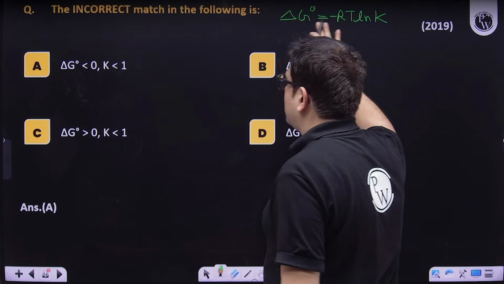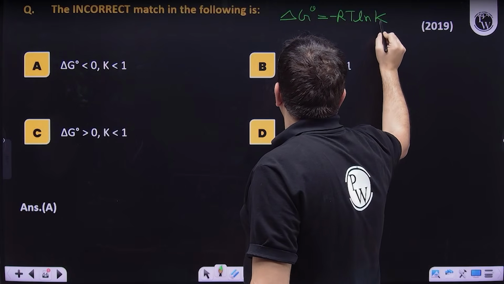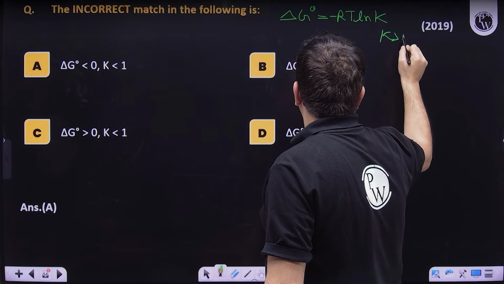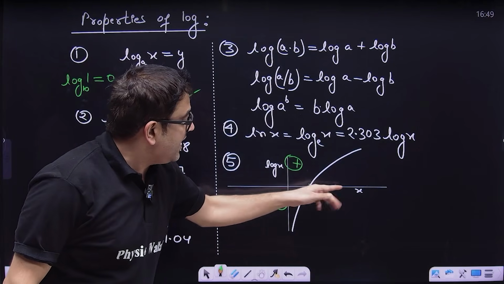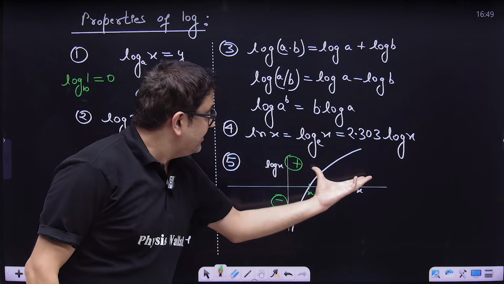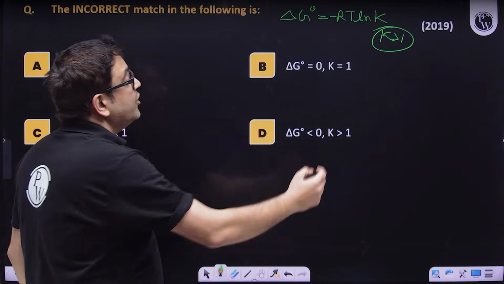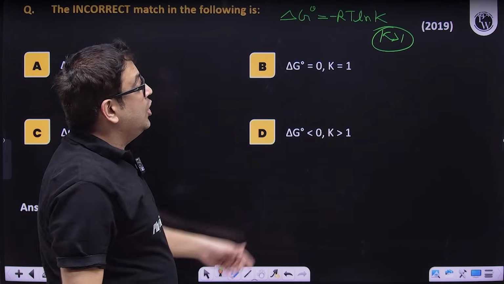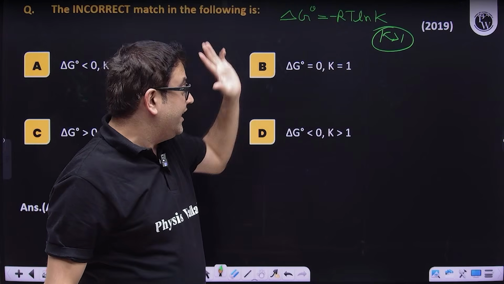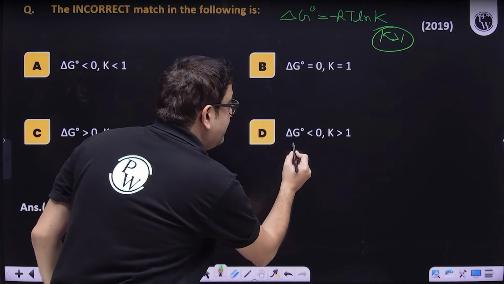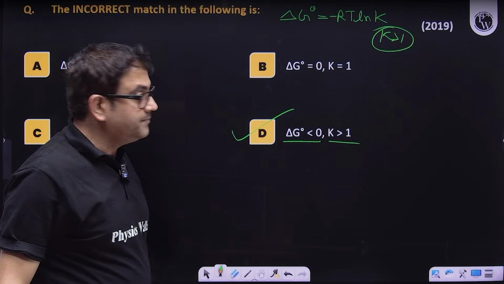If you remember this, then such questions will be solved by you. What does the question say? The incorrect statement. We know if k is greater than 1, as in x is greater than 1, then log x is positive. So log k will become positive, and this minus will make delta G naught negative. So delta G naught will be negative when k is greater than 1. Absolutely correct.